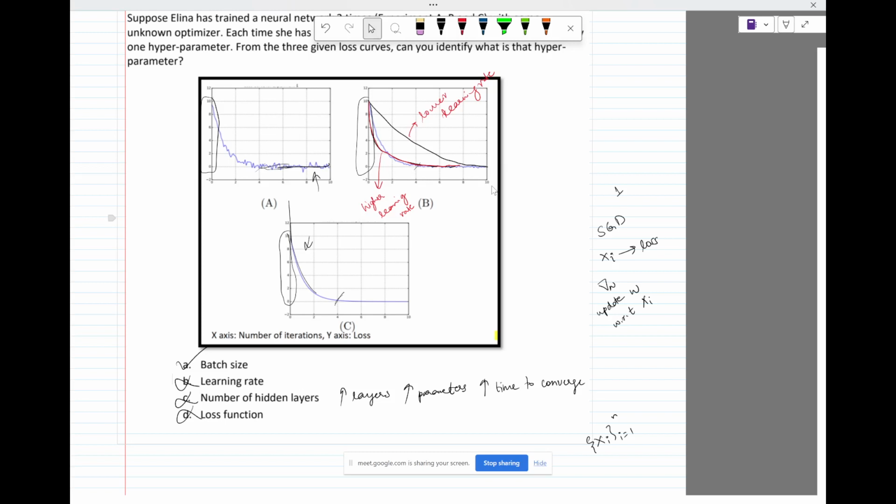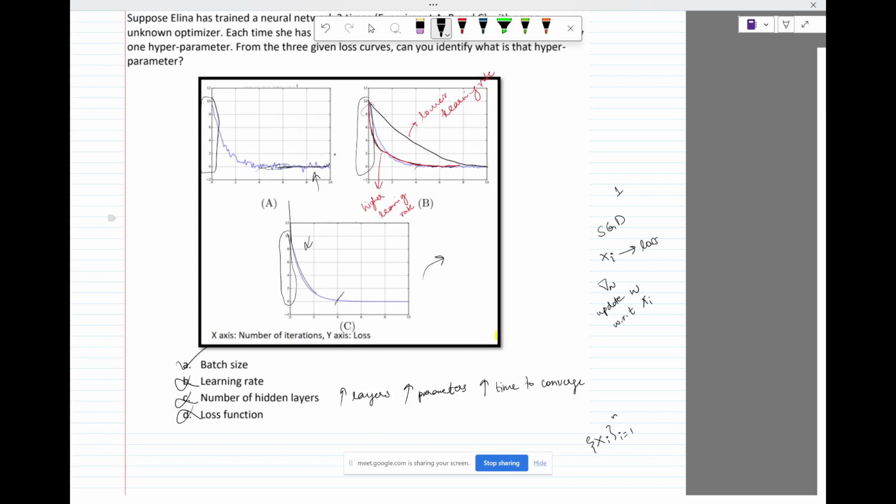So any doubts in this part? So the difference was, we are looking at the entire data at once, computing the gradient, updating the parameter. Here we are looking at small samples at a time, computing the gradient, updating the parameters.